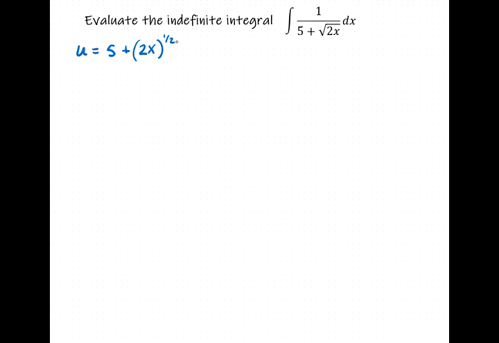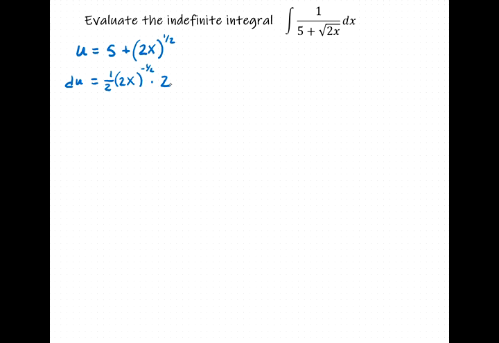Same thing. So our du, the derivative of u: the derivative of 5 is 0, and for 2x to the 1/2 power, we'll need to apply the chain rule. The power comes out front, drops by 1, the inside stays the same, and then we multiply by the derivative of the inside, which is 2.